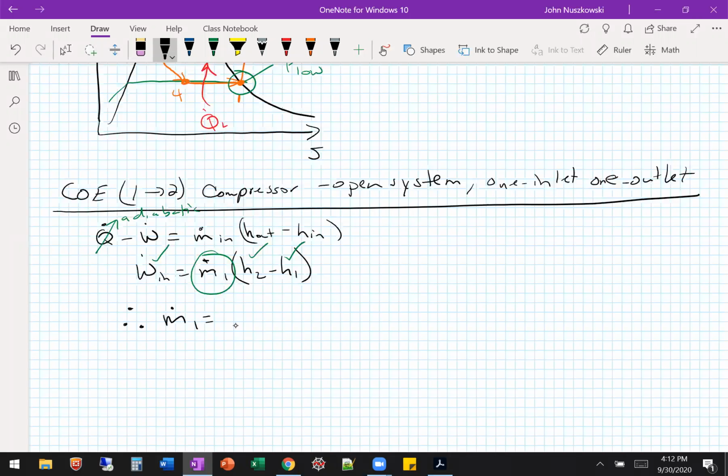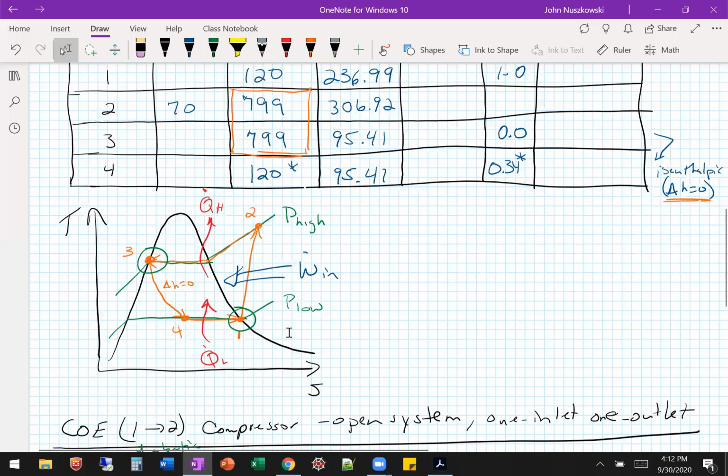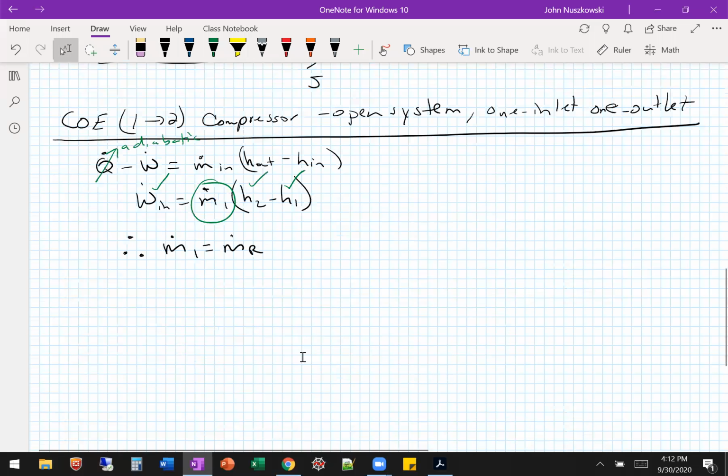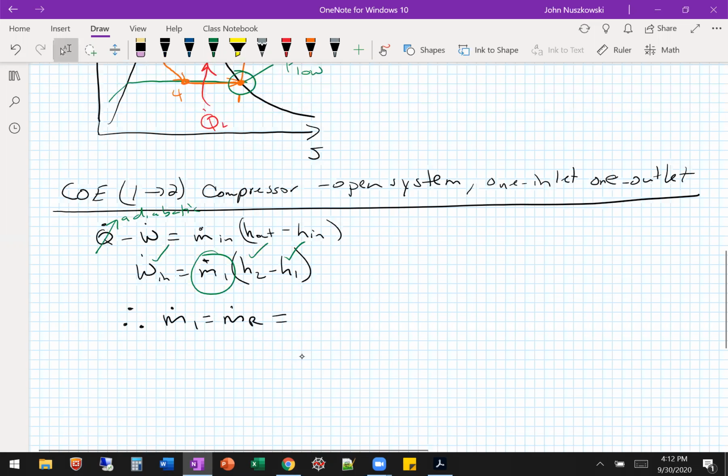So mass flow rate for 1 is the same as the mass flow rate of refrigerant because it's the same mass flow rate going through all these components, right? Solving, we get 0.006435 kilograms per second.